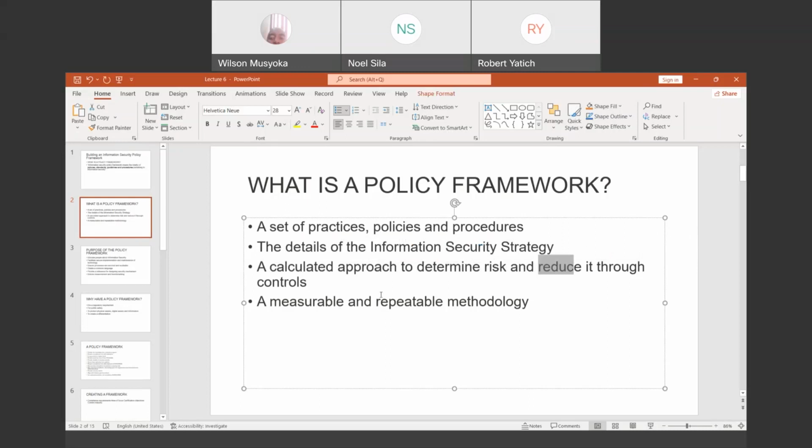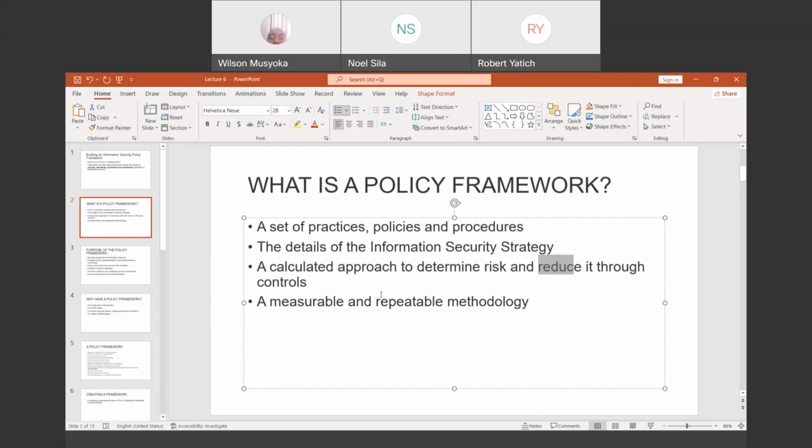How do we talk about it being a measurable and repeatable methodology? Because it needs to be measured, or you need to be able to evaluate and tell whether the strategy you are following is working, and if it is working, can it be repeated elsewhere, or after some time, can it be enhanced, can it be improved?